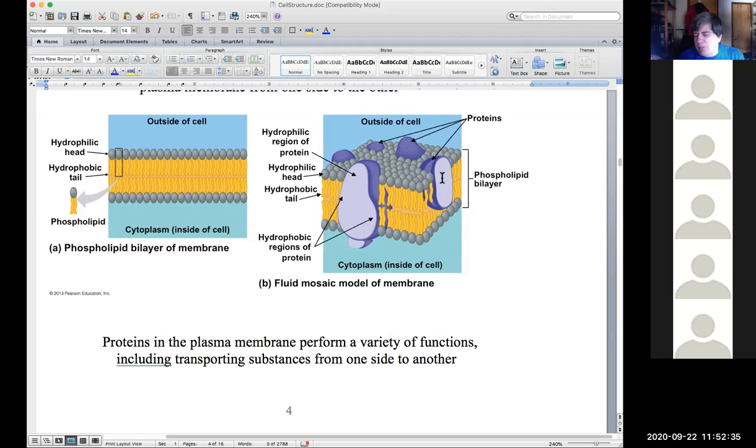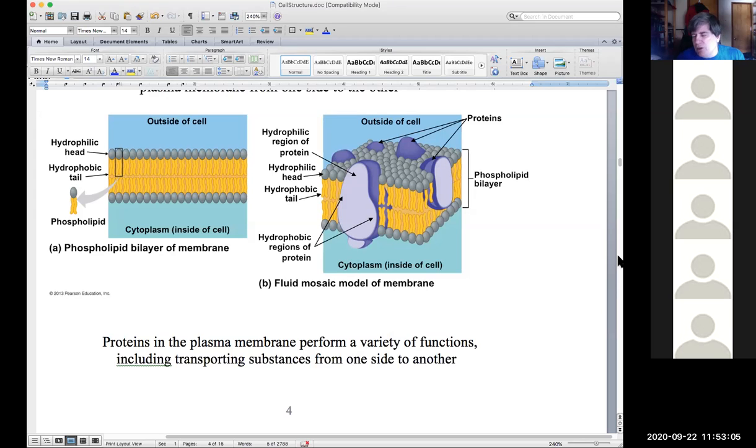The parts in the middle have mostly nonpolar R groups that make them hydrophobic. So again, the portion in the middle, whether we're talking about a protein or a phospholipid, is hydrophobic. The portion on the outside next to the water is hydrophilic.